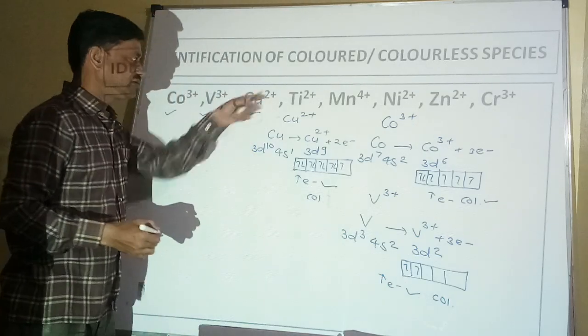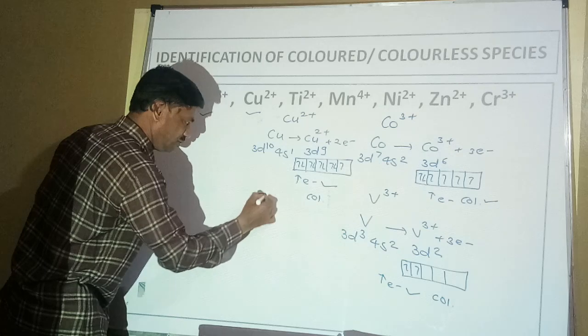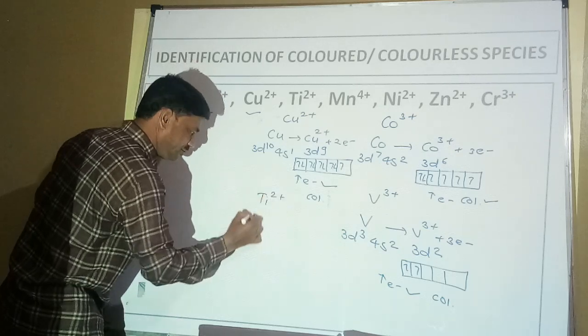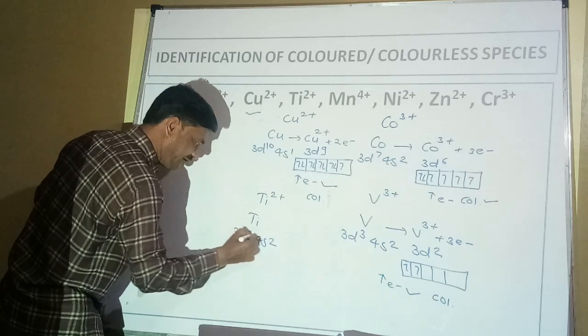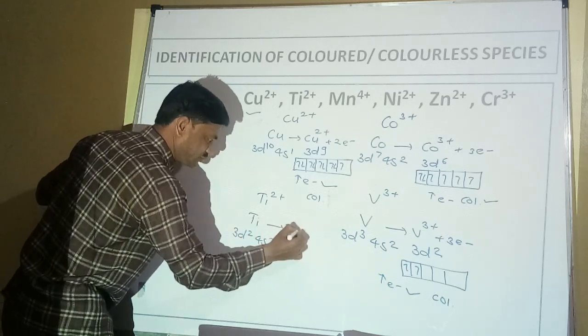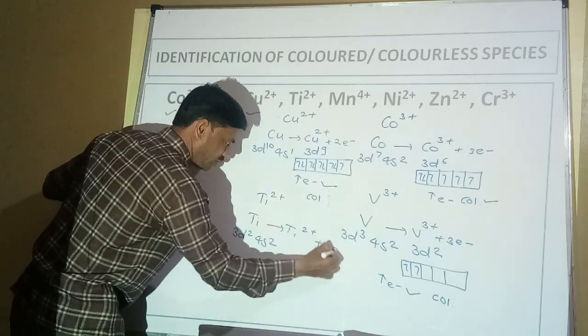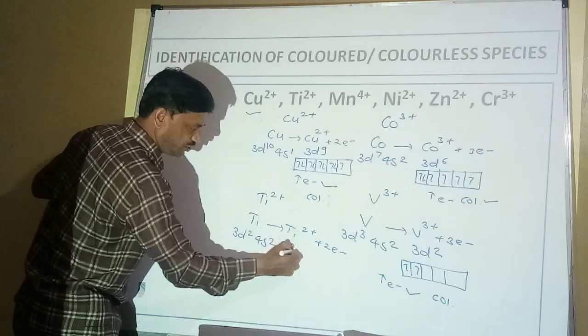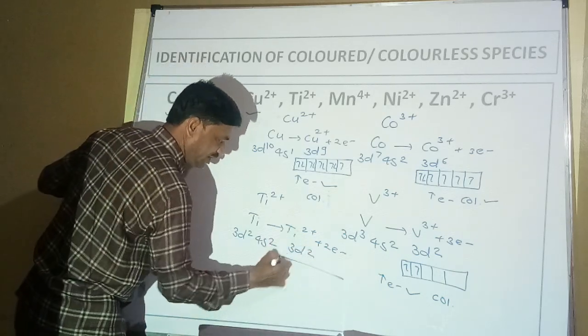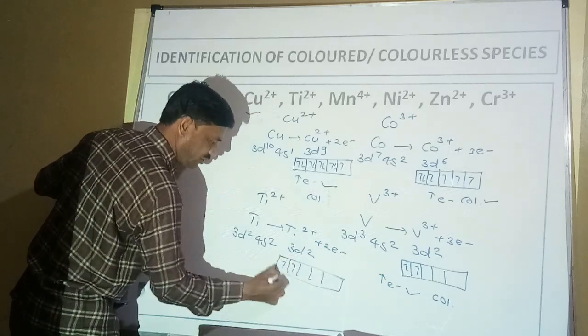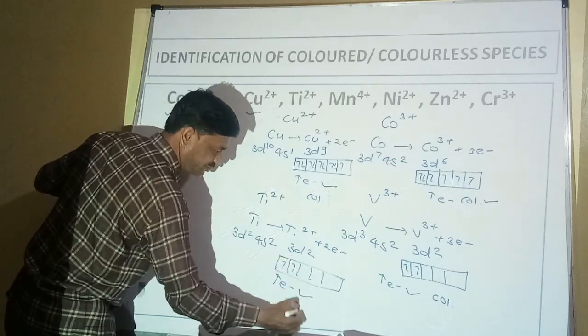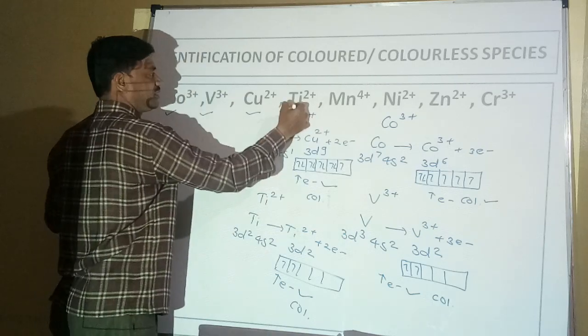What about the next one? Ti plus 2. Atomic number 22, so it becomes Argon 18, 4s2, 3d2. Ti plus 2 is accompanied by loss of 2 electrons from 4s. So it becomes 3d2, and 3d2 indicates unpaired electrons, and due to the presence of unpaired electrons, it is found to be colored.